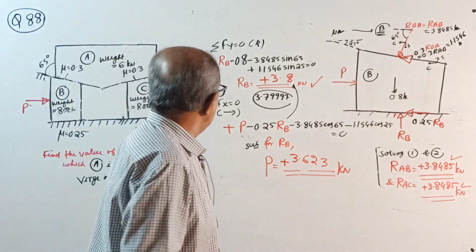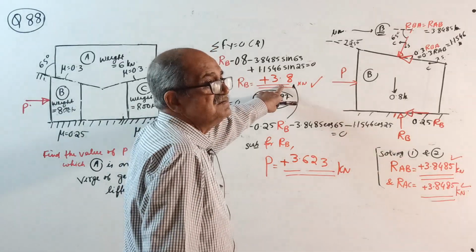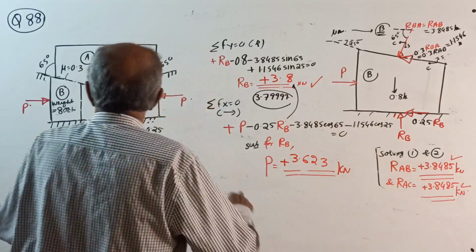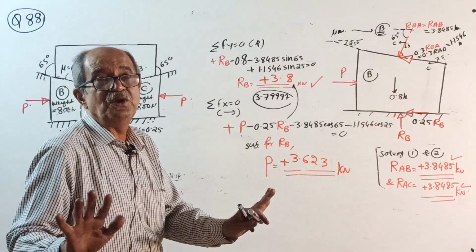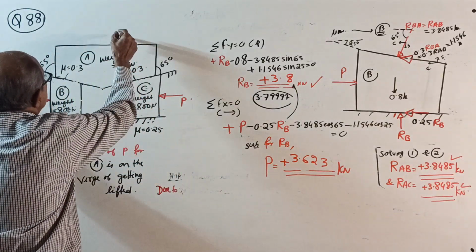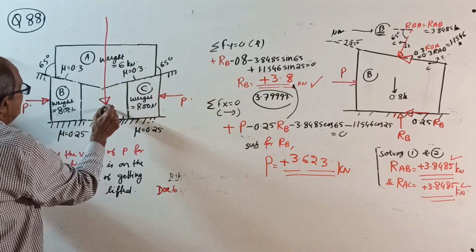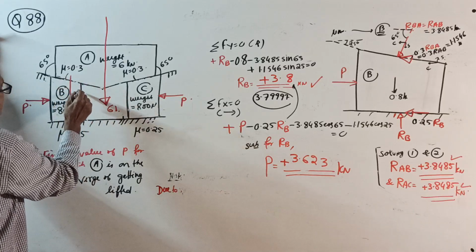Then I looked there, whatever I checked, still it is giving wrong answer. Because then I closely observed. I observed one thing. See here, this is out of syllabus for you. This weight is 6 kilonewton total. See, this weight is 0.8.